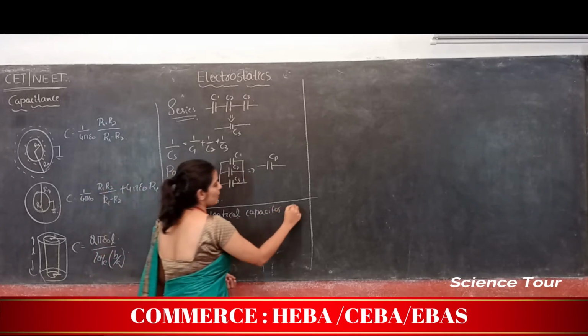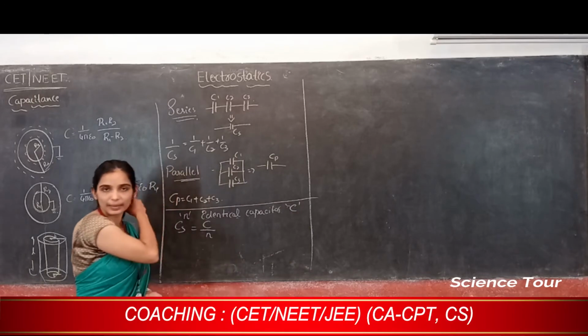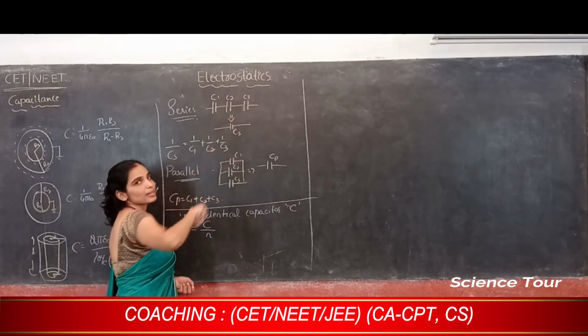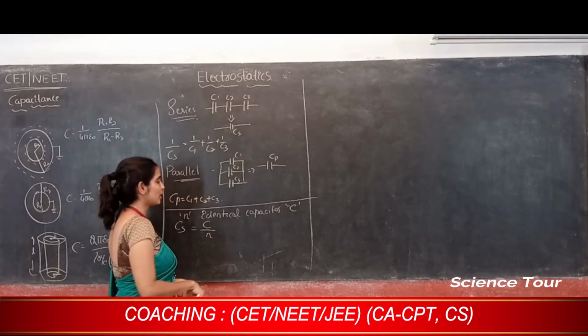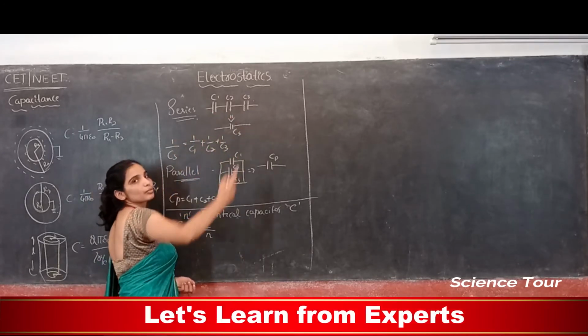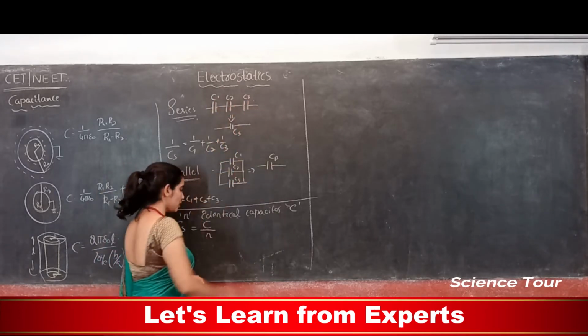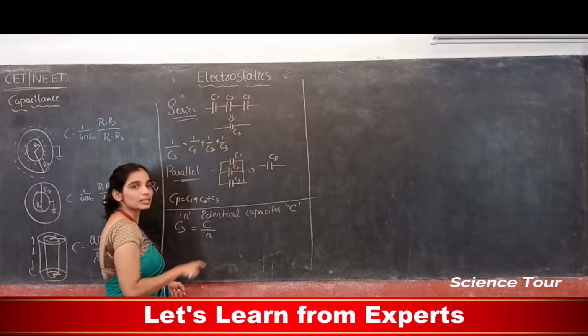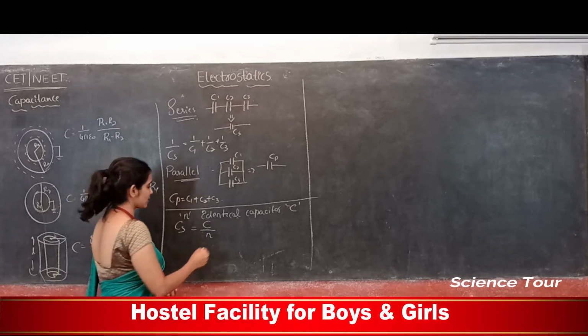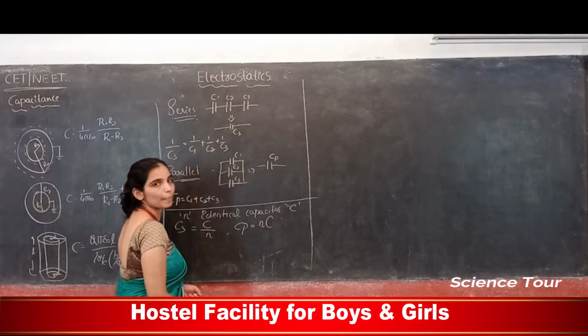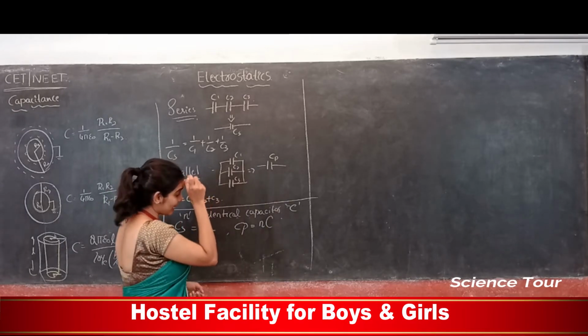With three capacitors their capacitances are different, but here you have n capacitors whose capacitance is the same, C. So C by n is the series equivalent capacitance, and Cp is nothing but n times C.